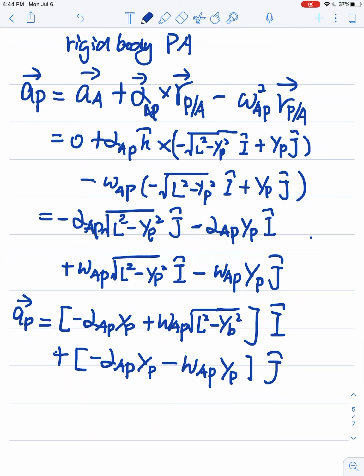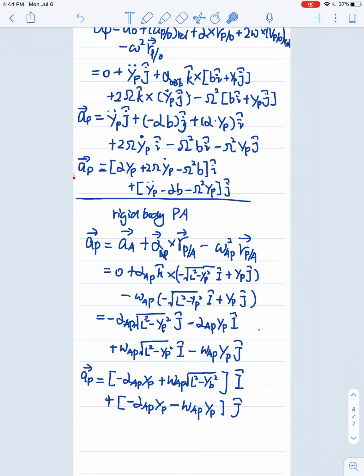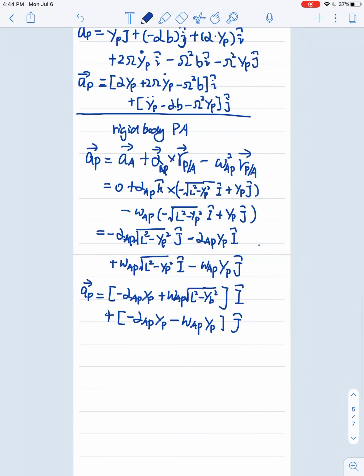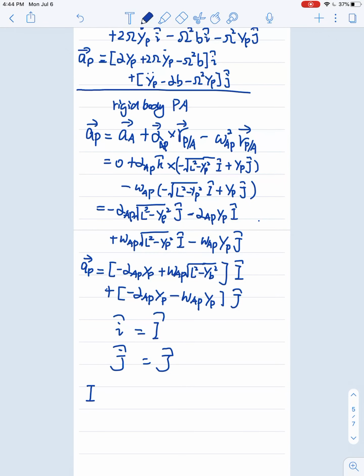Okay. So far we have an expression for AP in terms of big I and big J. And now we can equate all the I components and J components between the two. Let me zoom out. Here we have the equation for AP here, another equation for AP here, and we can set I equals I, J equals J. Then we can break down all the I components.